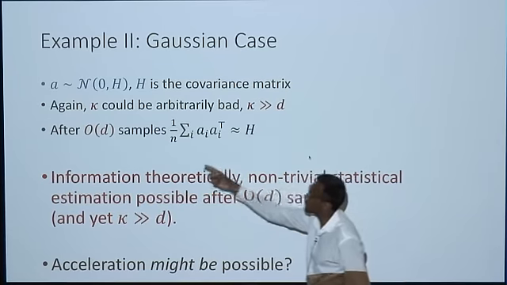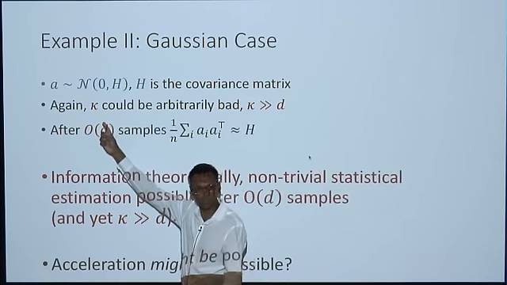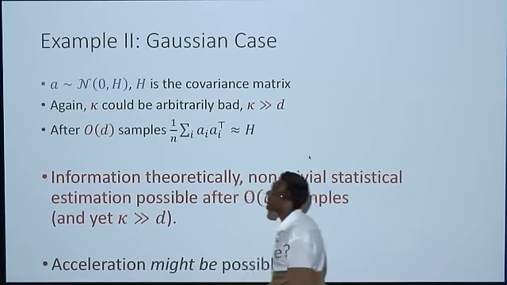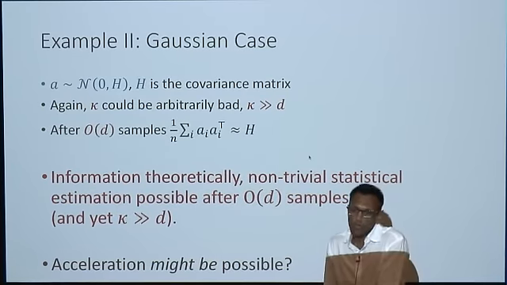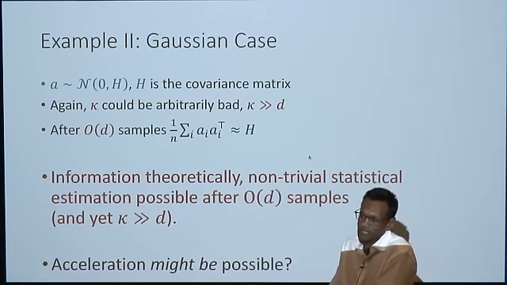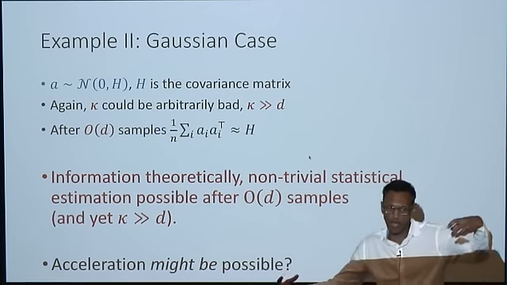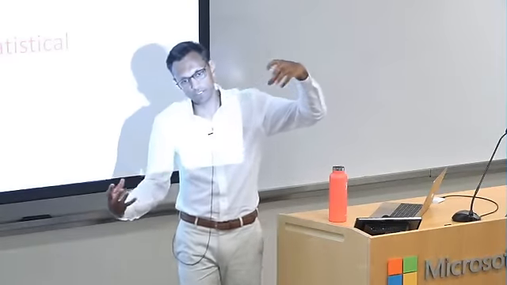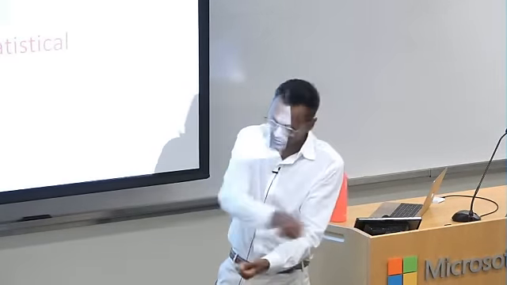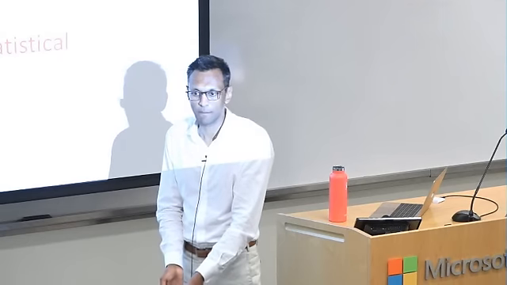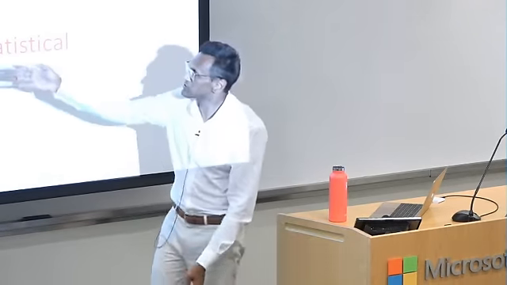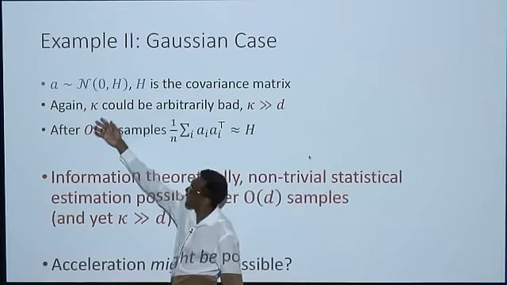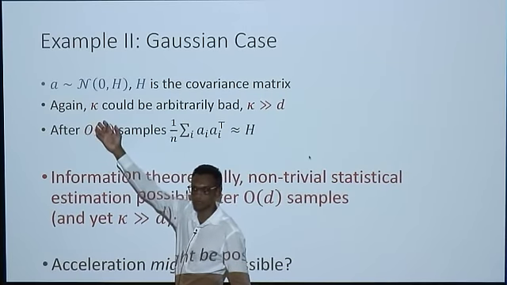So this example has a condition number just as bad as the previous problem. But if you think about this Gaussian example, there's no problem information theoretically. After you see about D samples from the Gaussian, you have a good estimate of what this ellipse looks like. You can think of this as a notion of spectral approximation, but the point is, get about order D samples from a Gaussian, and it basically looks like the underlying distribution. And that is true regardless of how bad this condition number is.